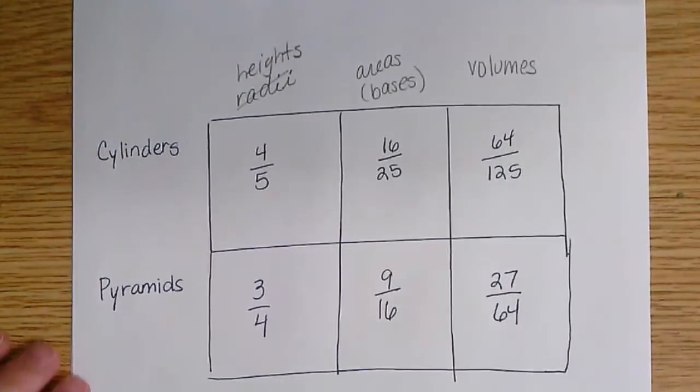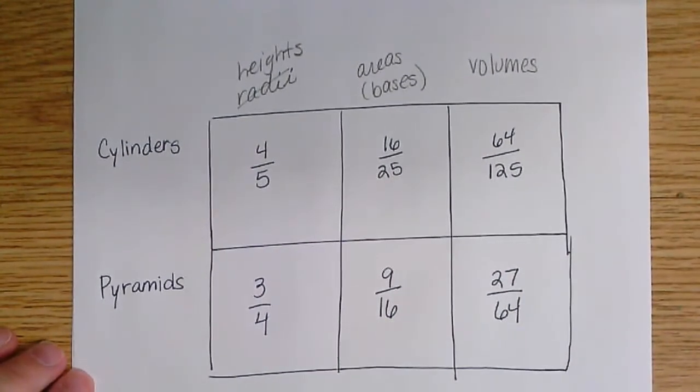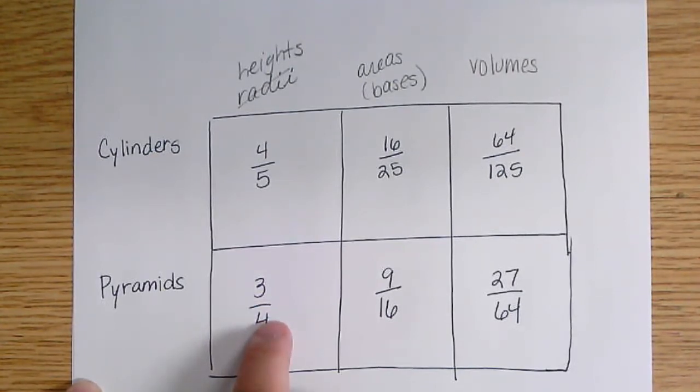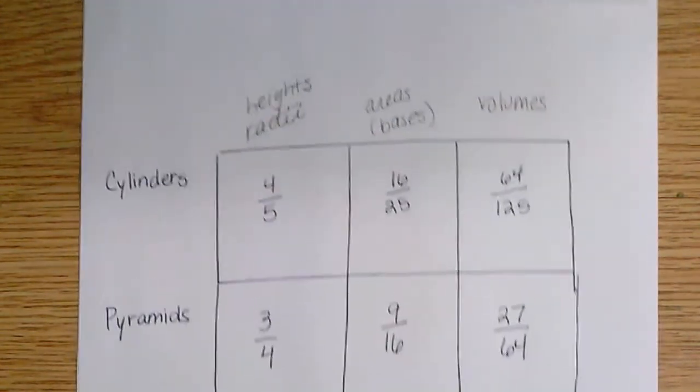Okay? So here's basically where we're going with this. This column, this is my ratio of lengths of, and I'm going to use a sort of an oxymoron, straight lengths. In other words, straight units. Things like inches, feet, miles, centimeters. Anything that can be measured in just plain straight units. Not square units, not cubic units.